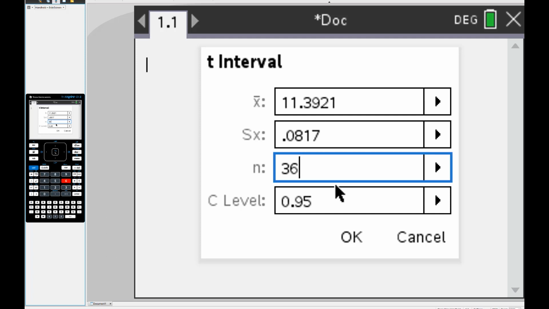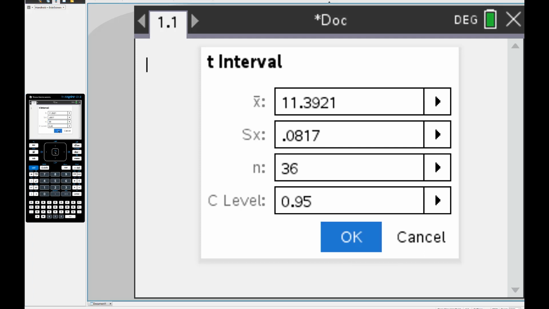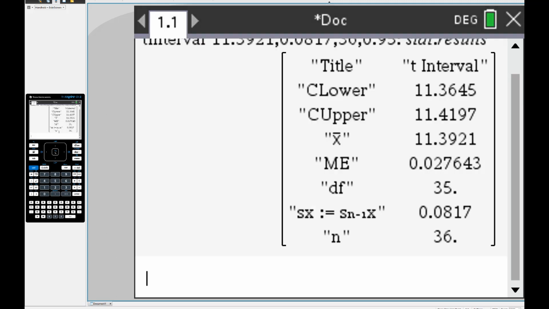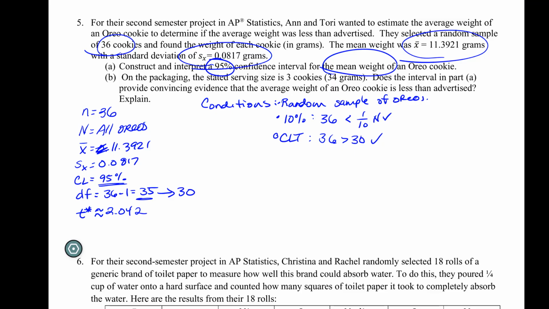Confidence level was indeed 95%, so we're good to go. Go ahead and hit enter, and we have our confidence interval. We have a lower bound of 11.3645 and an upper bound of 11.4197. The X bar is like our point estimate. ME is our margin of error. It gives us the DF, but for whatever reason, again, it doesn't give me my T star. So let's write out this stuff, and then we can interpret it.